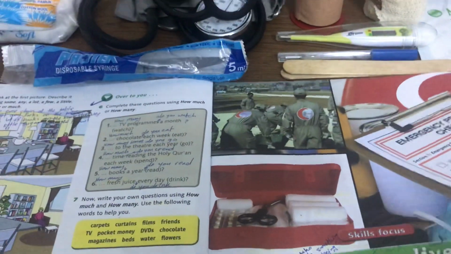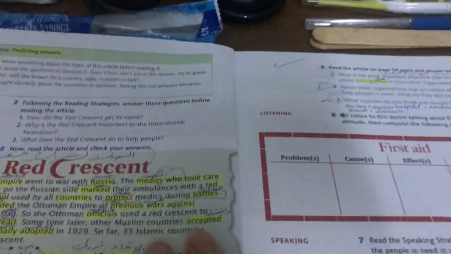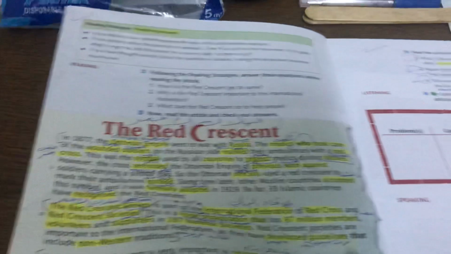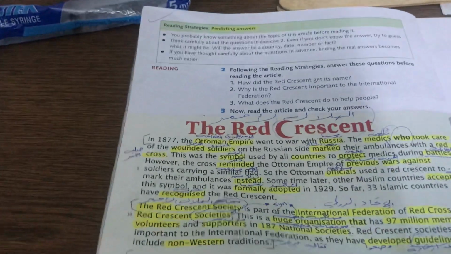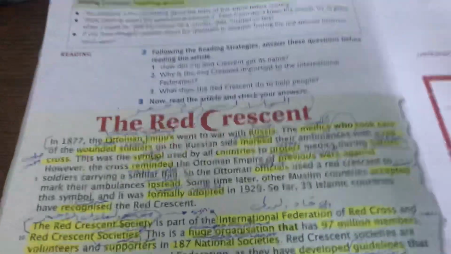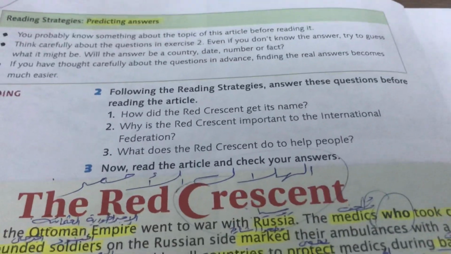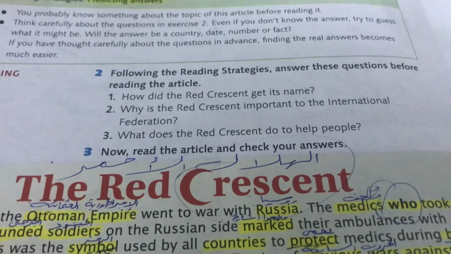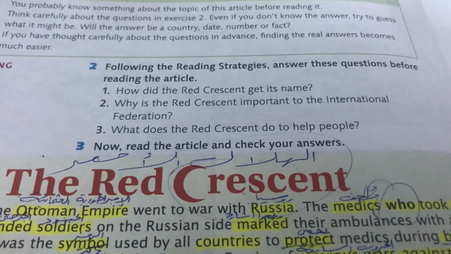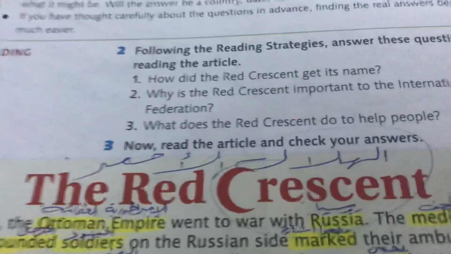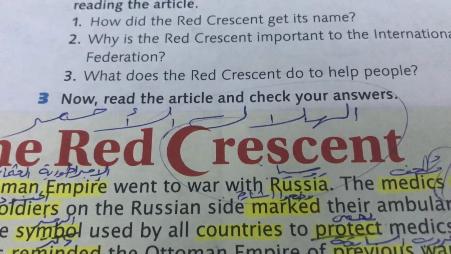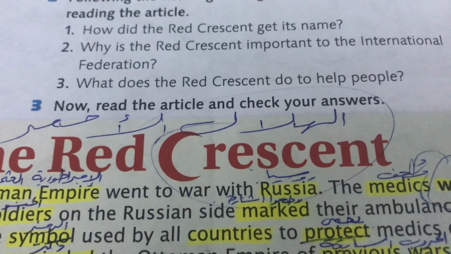Now let's go to the next page and analyze our text. But before reading our text, we have a couple of questions that we have to take into consideration and answer after we read our text. How did the Red Crescent get its name?